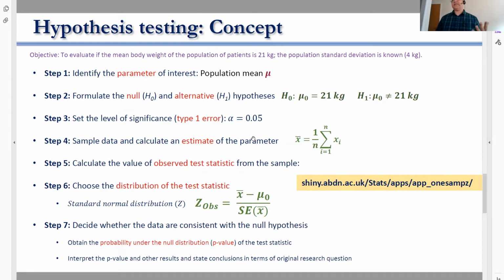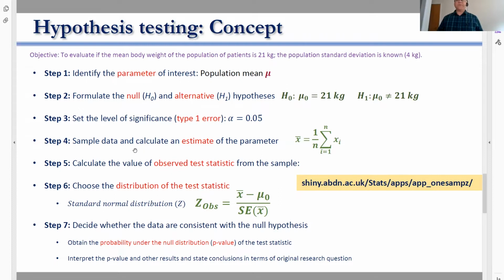For example, in physics, it is much smaller than that. Remember when the Higgs boson was discovered in the Large Hadron Collider, I think the p-value was like 10 to the minus 12 or so. So the alpha is really subject specific, but in medical statistics, 0.05 or 5% is quite a common setting of the type 1 error.